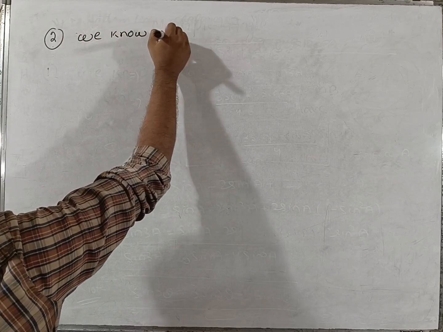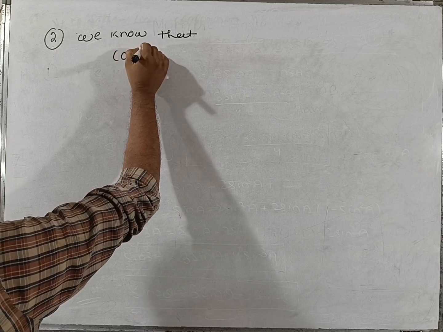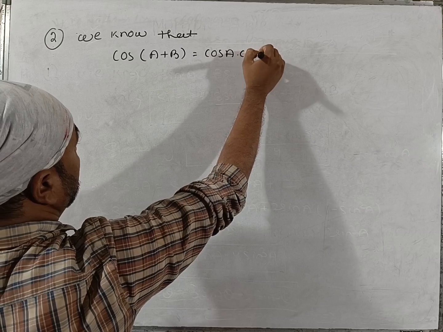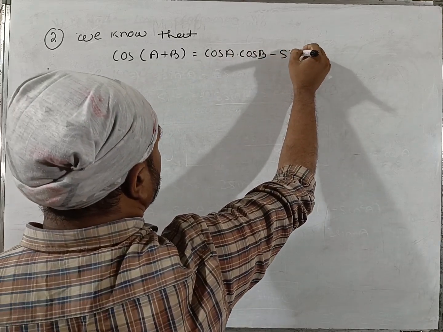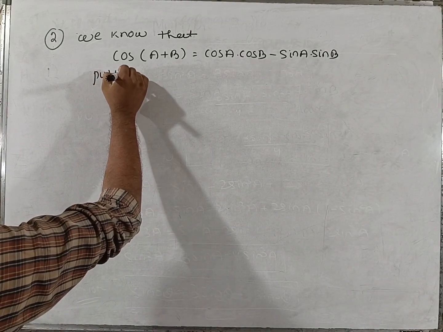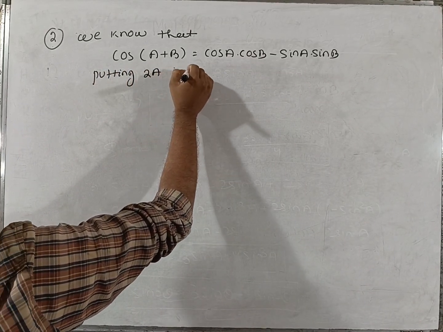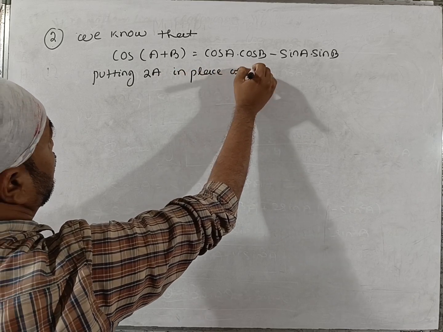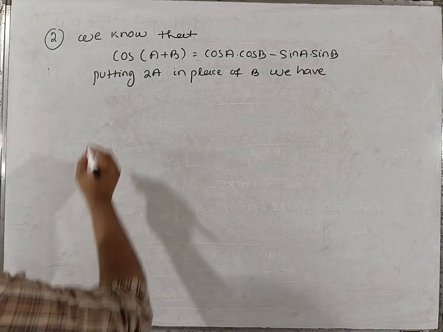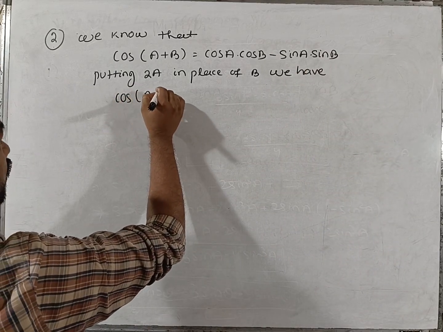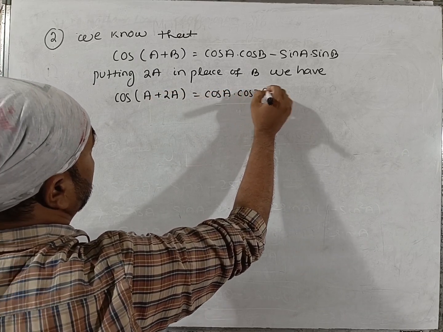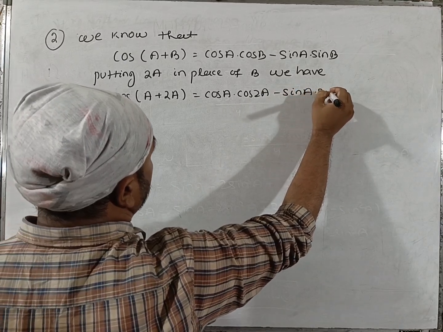We know that cos(A plus B) is equal to cos A into cos B minus sin A into sin B. Putting 2A in place of B, we have cos(A plus 2A), it is cos A into cos 2A minus sin A into sin 2A.